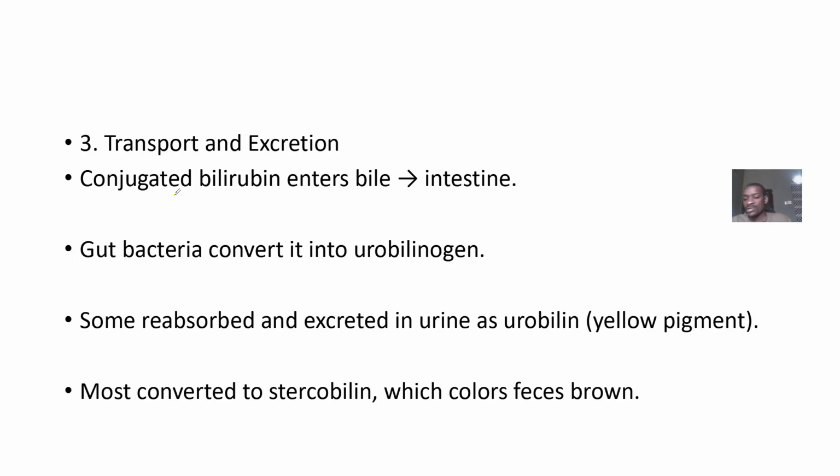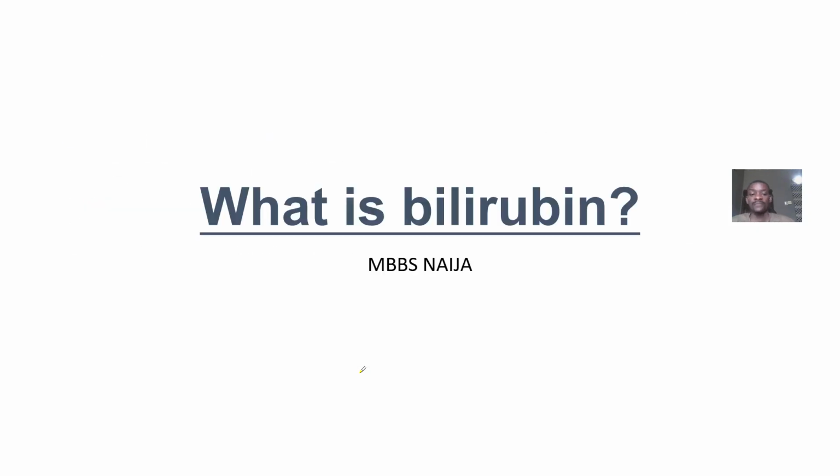It's excreted in urine as what? Urobilin. So they call that, I think, urobilinogen. The one in feces is known as stercobilinogen. All right. So some is also converted to stercobilin in feces. Okay, so that's a very good introduction to what bilirubin is.